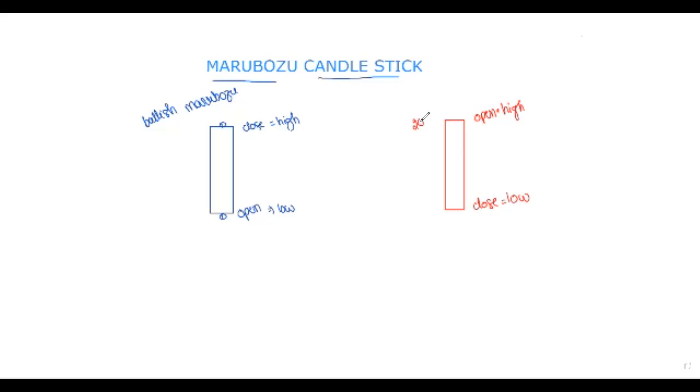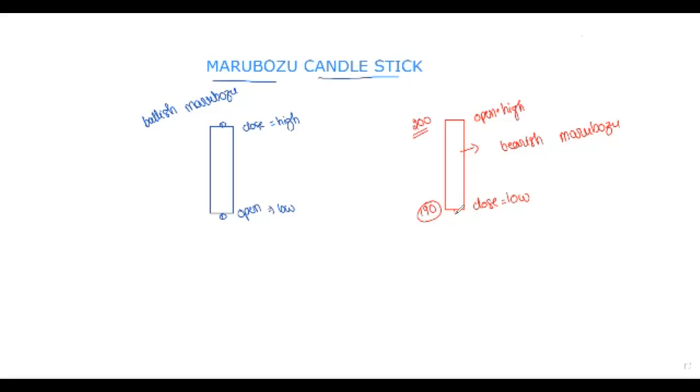Suppose at 200 the stock opened and at 290 the stock closed on that particular day or time frame. If open is equal to high and close is equal to low, then it is called a bearish Marubozu candlestick. I hope everyone is clear about bullish Marubozu and bearish Marubozu.